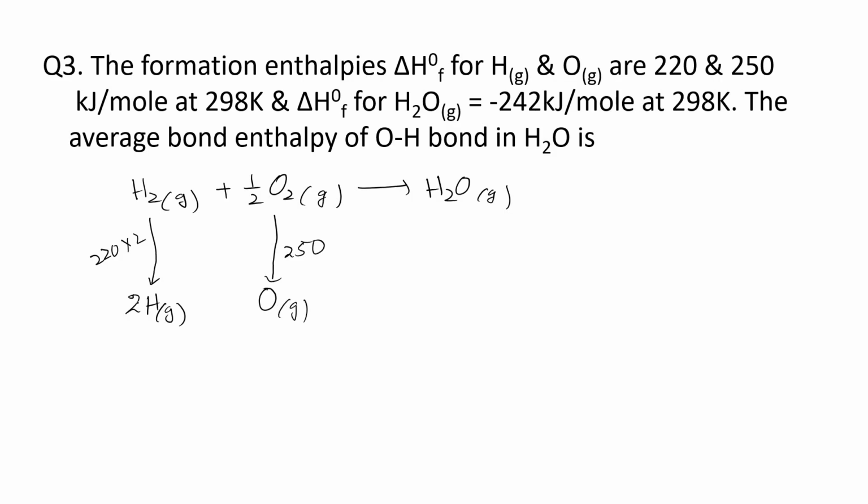These two hydrogen atoms in gas plus one oxygen atom in gas are forming water, where two OH bonds are there, and energy will be released because the water molecule is forming. So it will be minus, and for two hydrogen-oxygen bonds, 2 into the bond energy of the oxygen hydrogen bond, right?